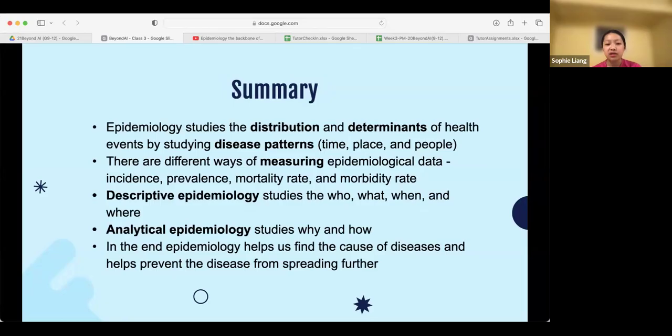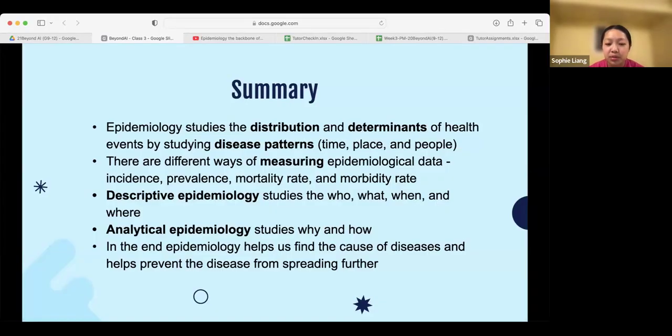So, summary of epidemiology. Epidemiology studies the distribution and determinants of health events by studying disease patterns, such as time, place, and people. There are different ways of measuring epidemiological data, such as incidence, prevalence, mortality rate, and morbidity rate.